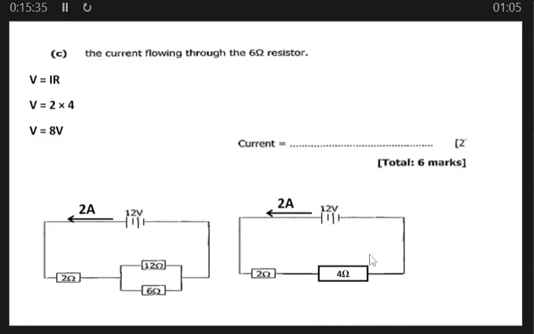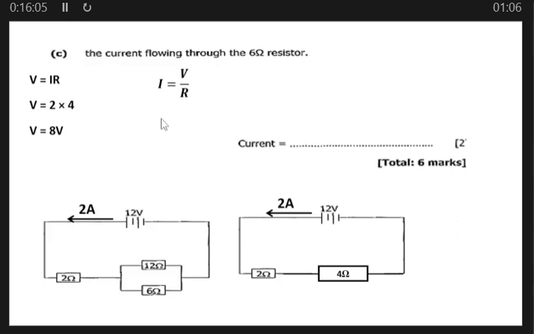Now, to know what current is going through this one, we use Ohm's law and make current the subject of the formula. Because we already know the voltage across here, which is 8, we put it here, and then we get the same resistor, put it here.